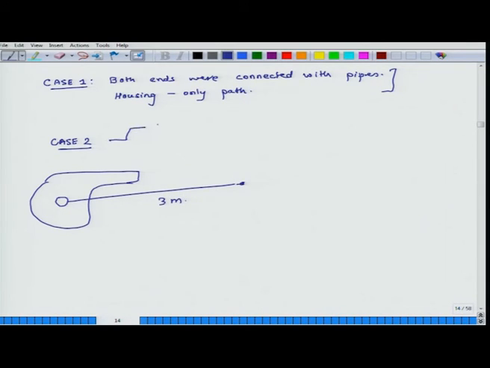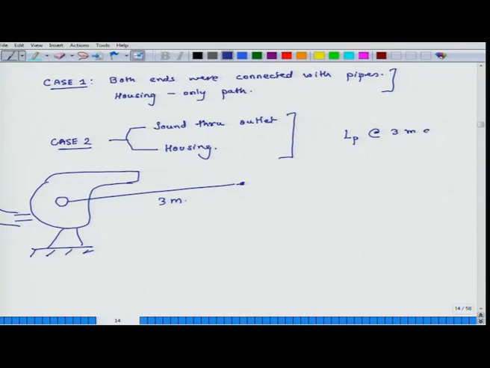Sound is coming through the outlet, and by the way, the inlet is covered through a pipe. Sound is coming through the outlet and also through the housing. Then you find out LP at 3 meters away. This is what we have to find out.